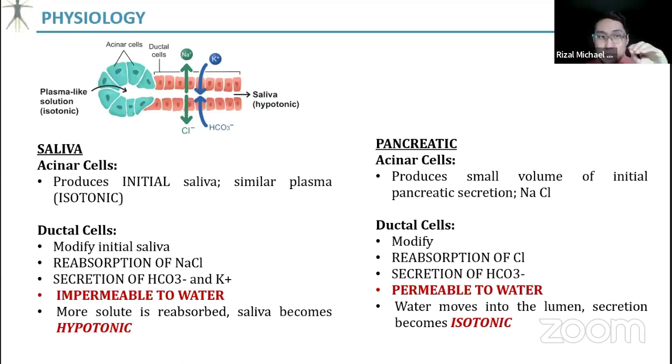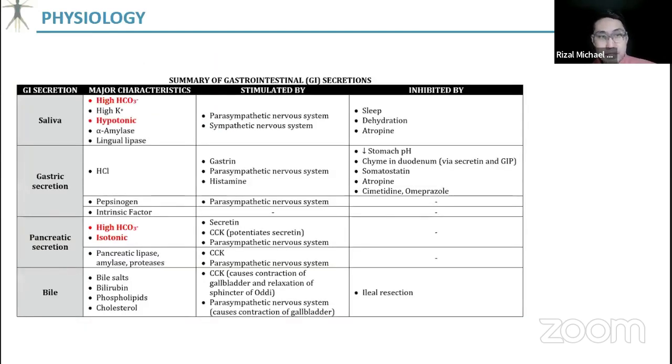So solutes lang yung tinatanggal mo. So in effect, nagiging hypotonic siya. Compared to your pancreatic ductal cells na permeable to water siya. So isotonic siya. So when asked, sinong mataas ang bicarbonate? Both. Sino yung isotonic and similar to plasma? It's your pancreatic secretion. And here, it's also in your handout.